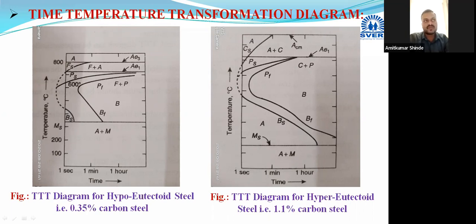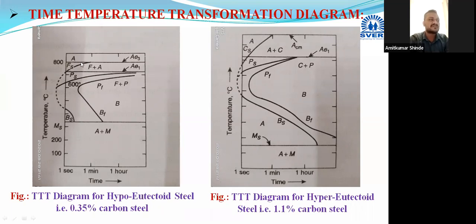Okay, and so this is the TTT diagram. It contains PS, PF, then BS, BF, MS, MF, then CS. CS, we are getting here: CS is proeutectoid cementite in the case of hypereutectoid steels, and this is FS or alpha S, proeutectoid ferrite in the case of hypoeutectoid steel.